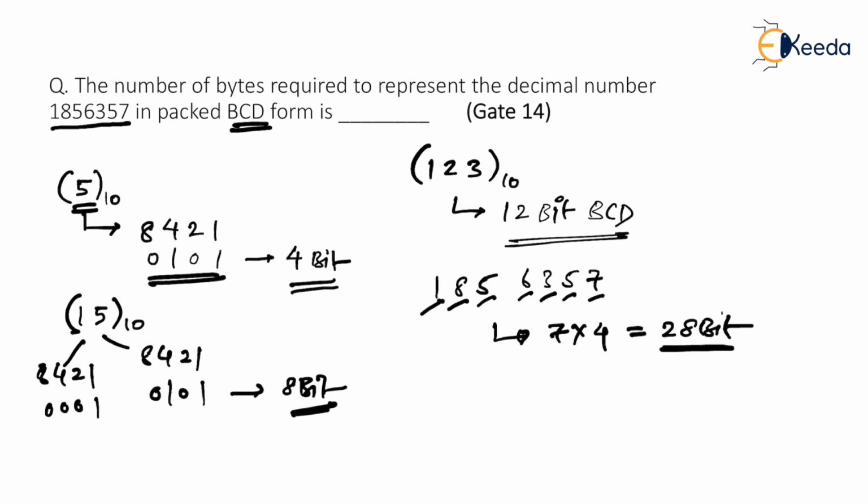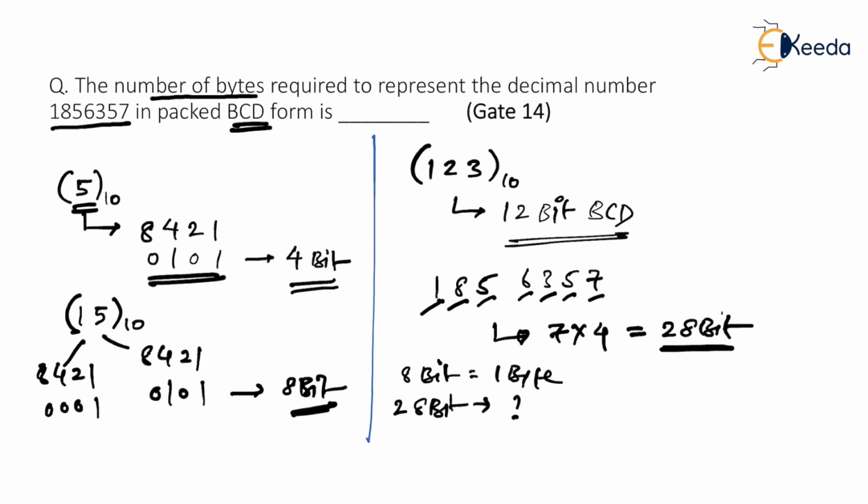But what I want as the answer is the number of bytes required to represent it. We should know the relation between bit and byte then. So what is the relation? The relation is 8 bits is 1 byte. Don't forget. 8 bits is 1 byte. Then what I want to identify is how many bytes 28 bits requires, because that is the question, right?